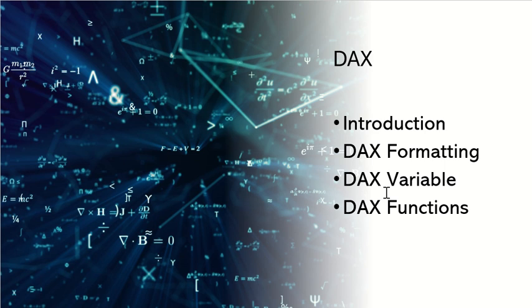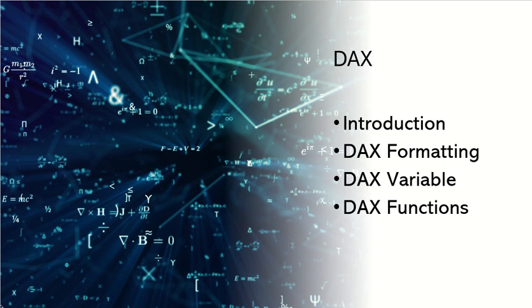The benefit of using variables in DAX is that it makes your code easier to read and understand by breaking down complex calculations. Reusing the calculations stored in the variable can improve performance. And obviously, we can reuse our variable again and again within the same logic.